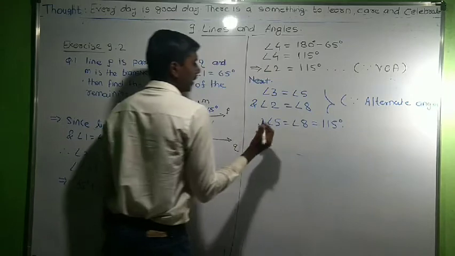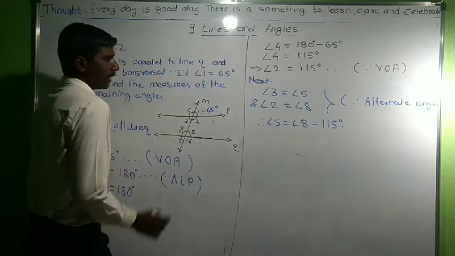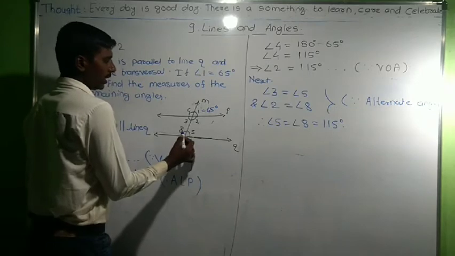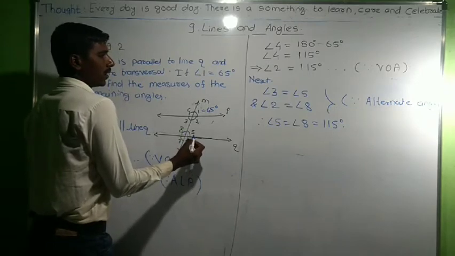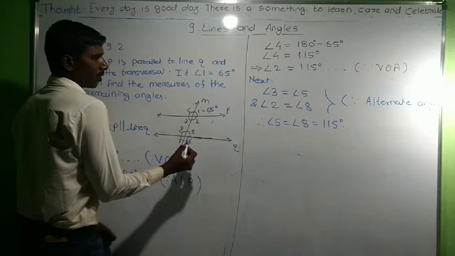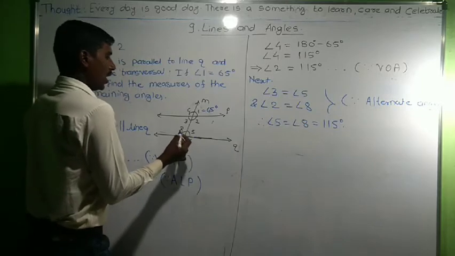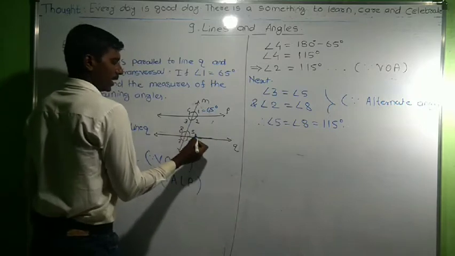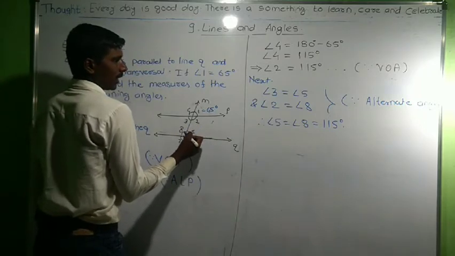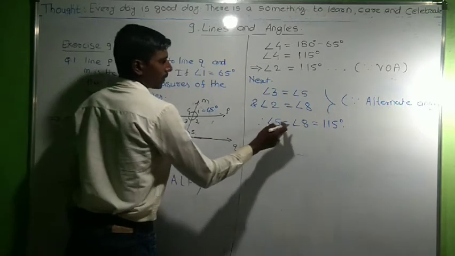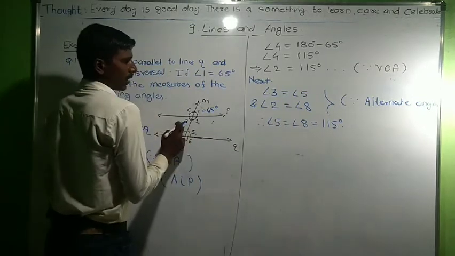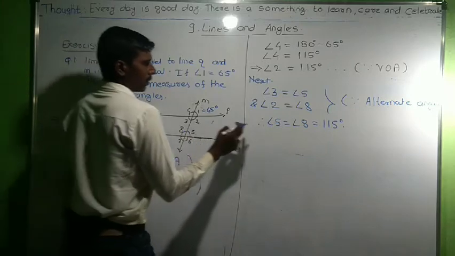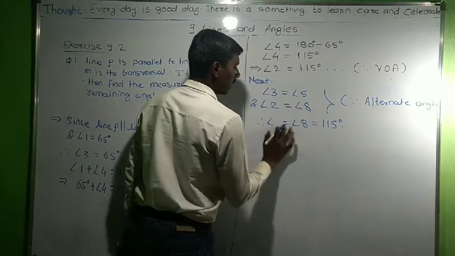Angle 3 is equal to angle 5, that's correct. Angle 2 is equal to angle 8. Angle 5 is not equal to angle 8.